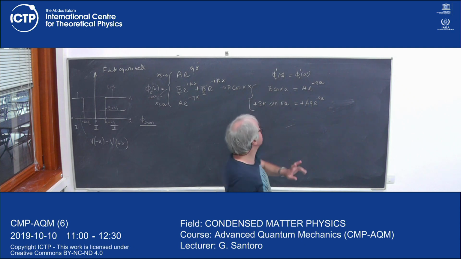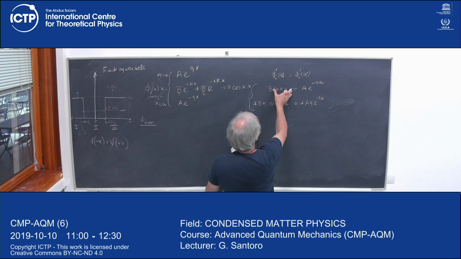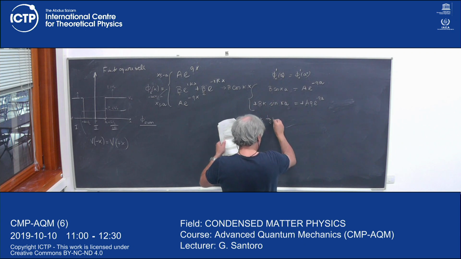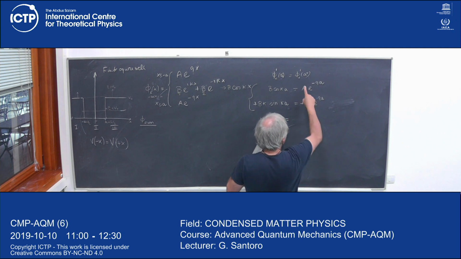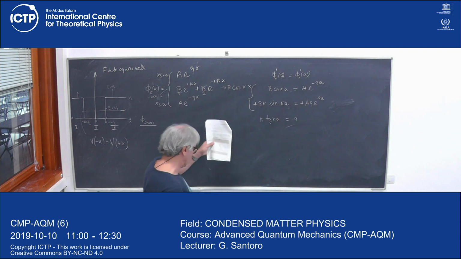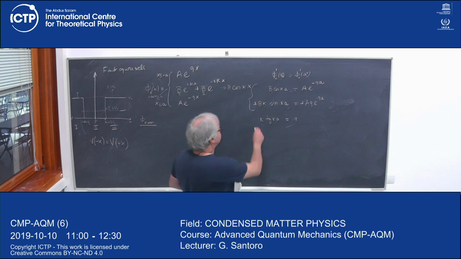Is it clear? Of course. Okay, so in particular I take this divided by that. The b goes, and therefore I get k times the tangent of ka is equal to this divided by that. The A goes, and I get q, and the exponential goes as well. Fantastic. Much easier. Okay?